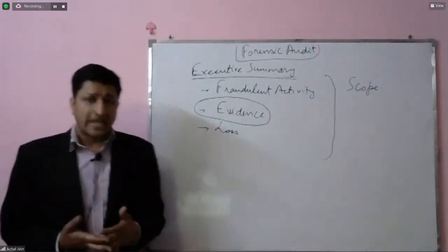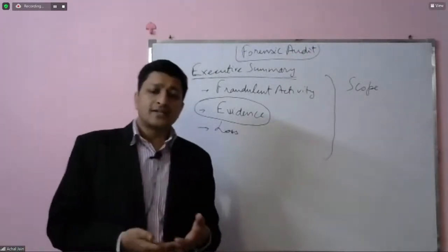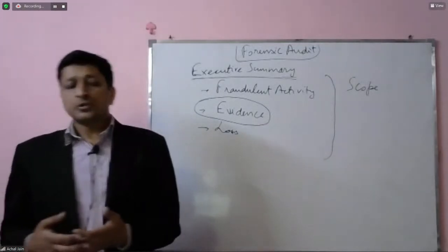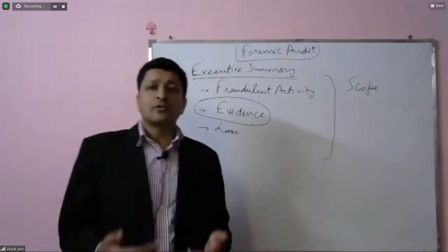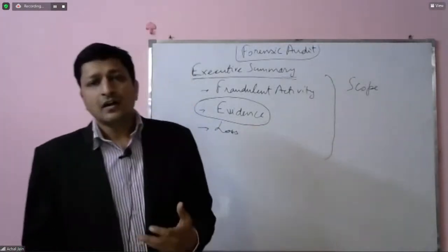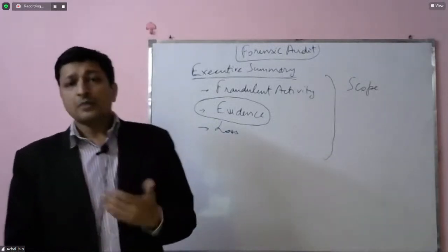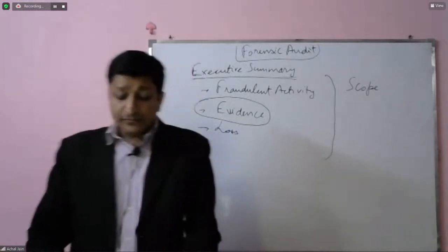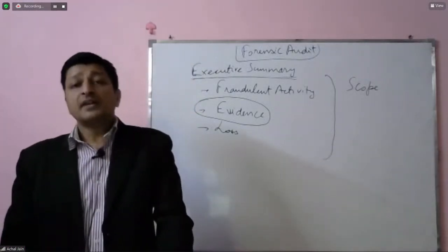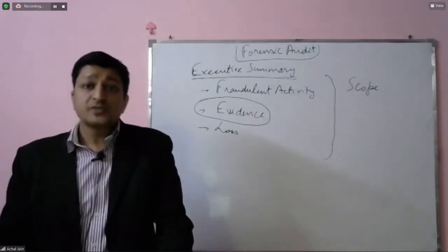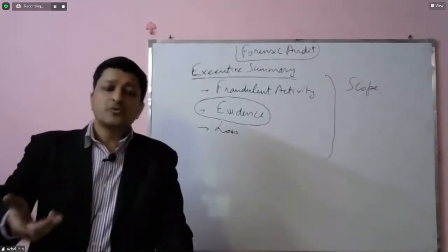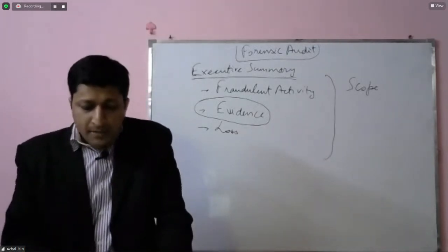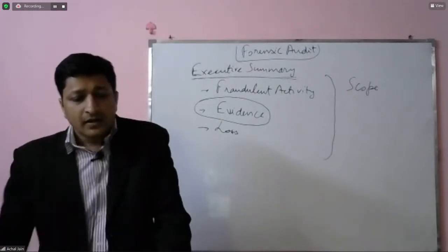Because without the explanation of the facts and the analysis, if he jumps onto the conclusions without bringing out all of these details, then the reader may not be able to appreciate some of the conclusions which may be given. And the facts and figures should be given in a proper sequence, which becomes easy for the user to understand. And it's all about presenting the document in a nice manner.